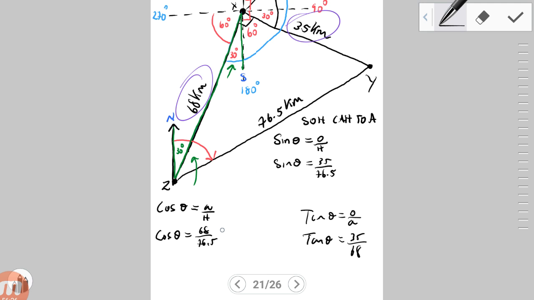All right, so here we go. We're going to go on our calculators and divide 68 by 76.5. And so we get that the cosine of the angle is equal to 0.888 recurring.